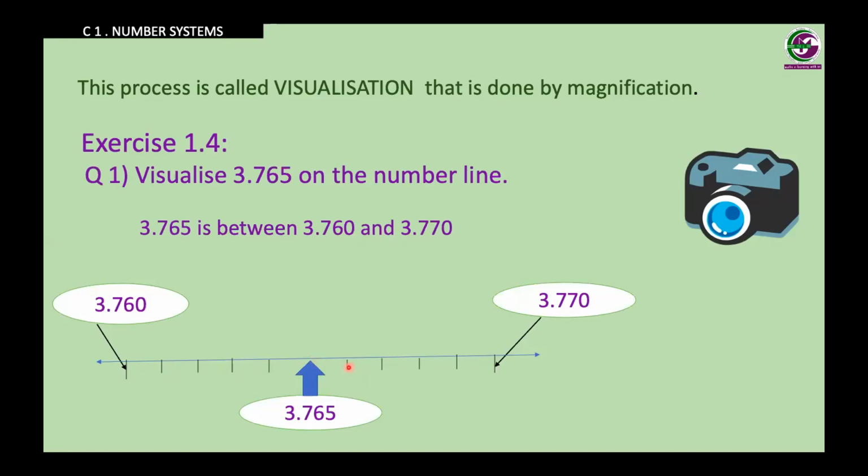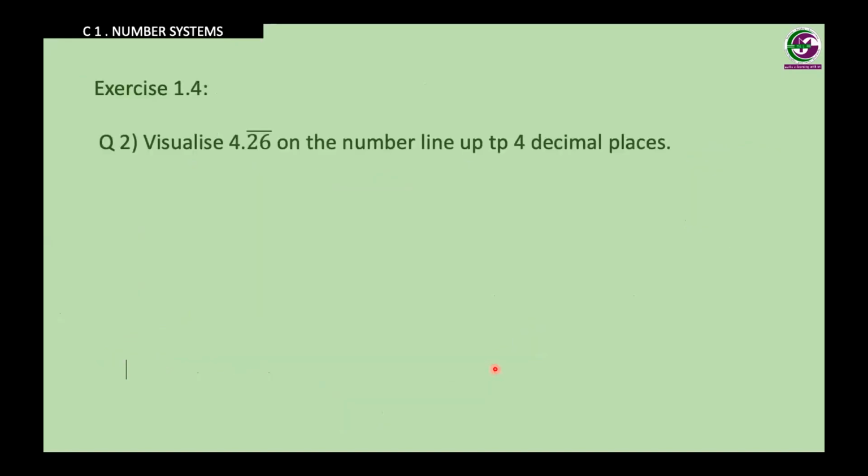And the next numbers are 3.766, 3.767, 3.768, 3.769, and 3.770. Okay.